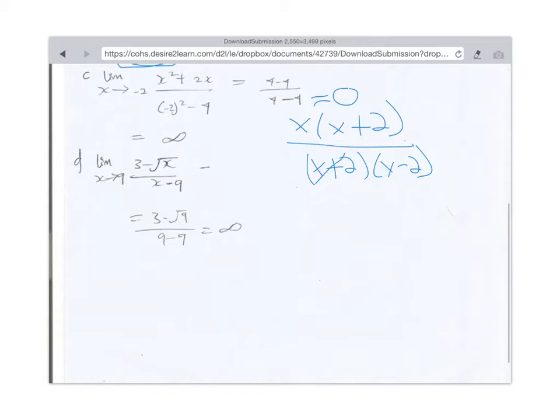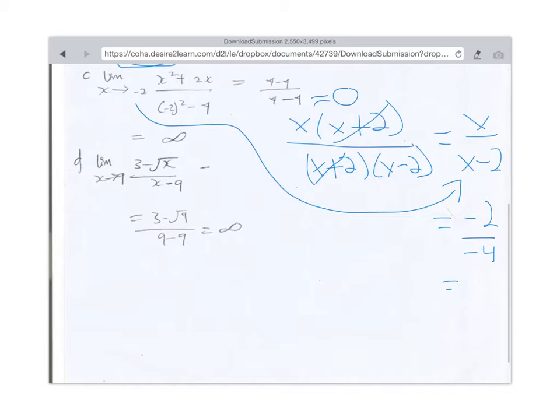Now you can reduce by crossing out those two brackets, dividing x plus 2 into x plus 2. It goes in one time. And now the function that we have left is x over x minus 2. So now let's check and see what happens if we put x equals minus 2 into our function. We're going to get minus 2 over minus 4, and when we simplify that, we get 1 over 2.